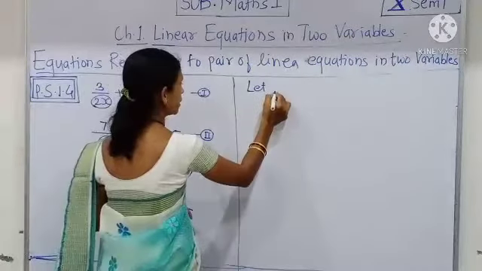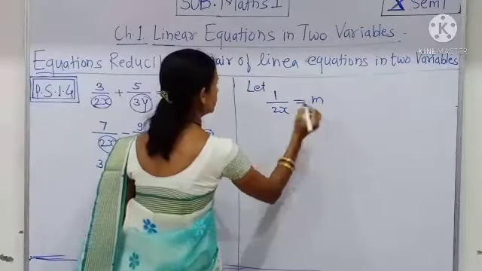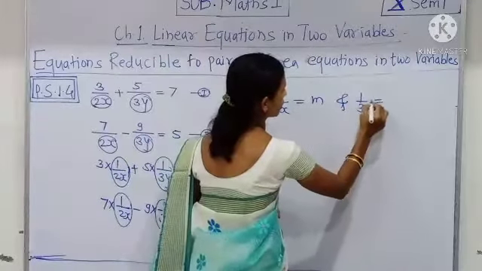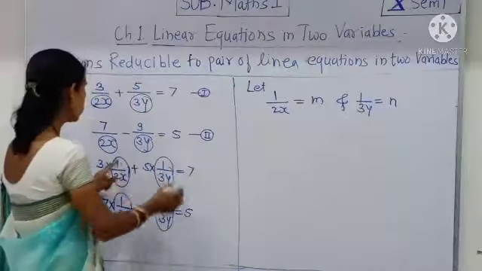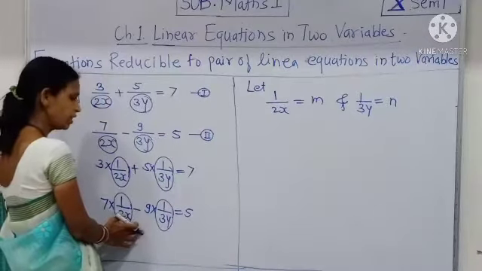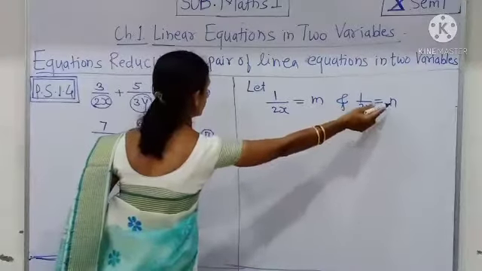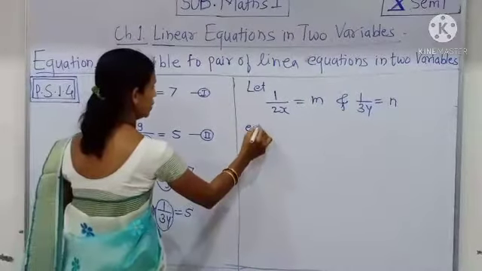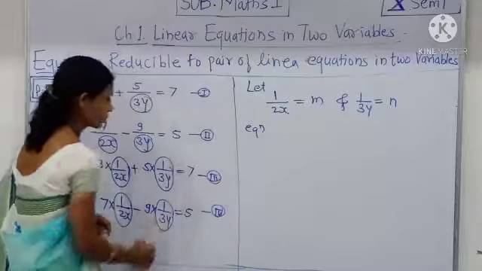Therefore, let us consider 1 upon 2x as m, and 1 upon 3y as n. Then putting the value of 1 upon 2x as m in equation 1 as well as in equation 2, and similarly n for 1 upon 3y in both equations, let these be equation number 3 and equation number 4.